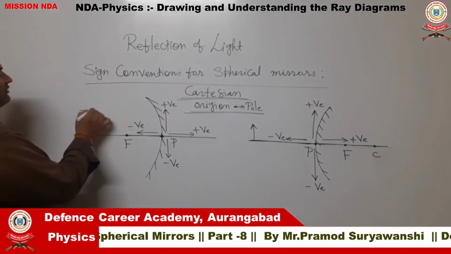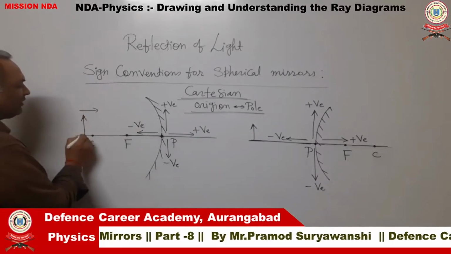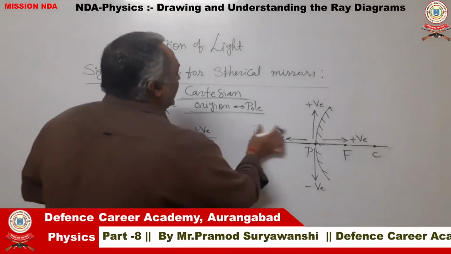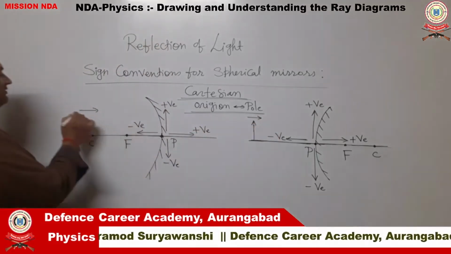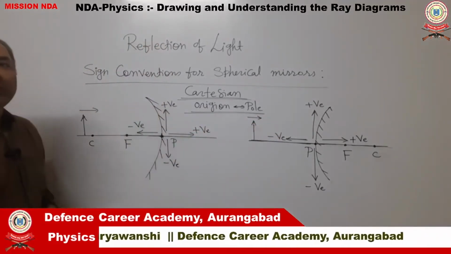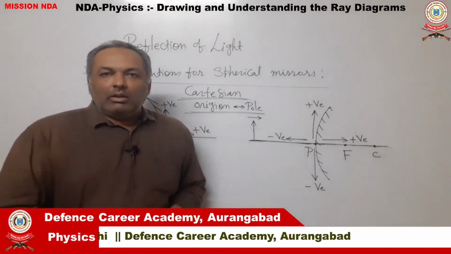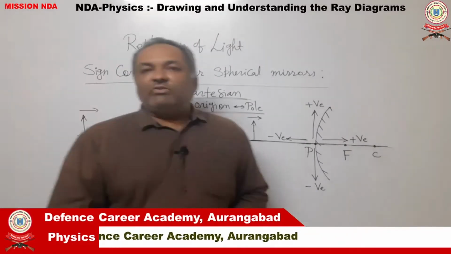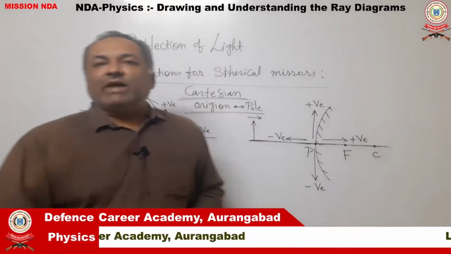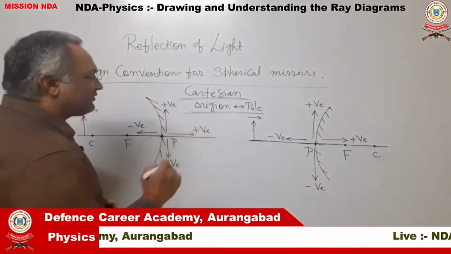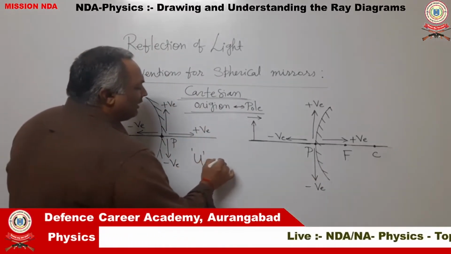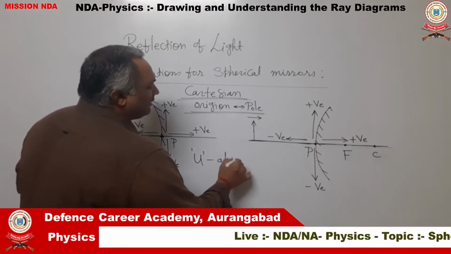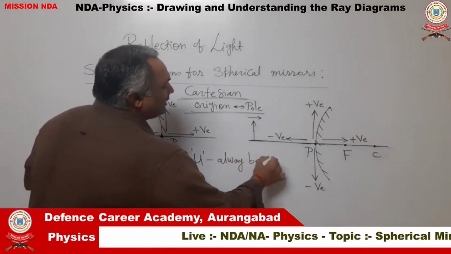The object is always placed in front of the mirror to the left side, so that incident light always travels from left to right. Now because of this restriction that the object should always be on the left side of the mirror, you can say the object distance u will always be negative.